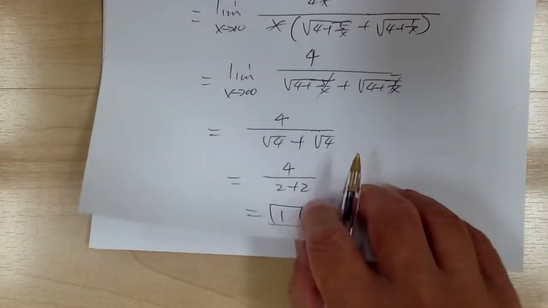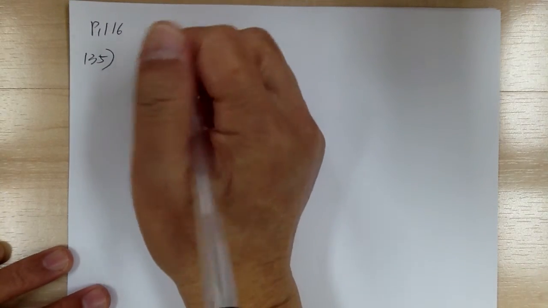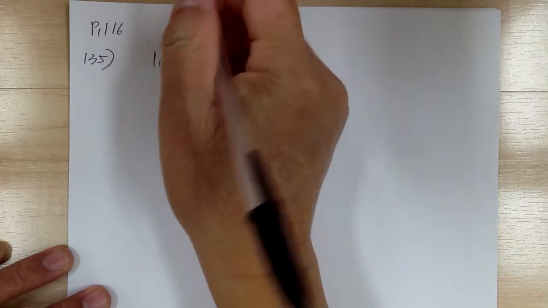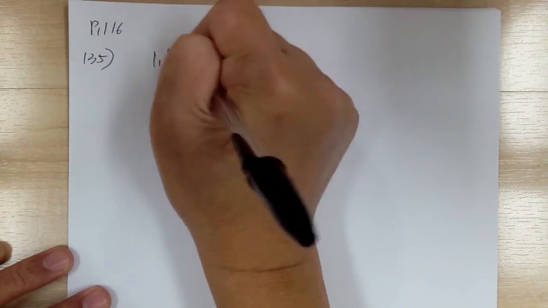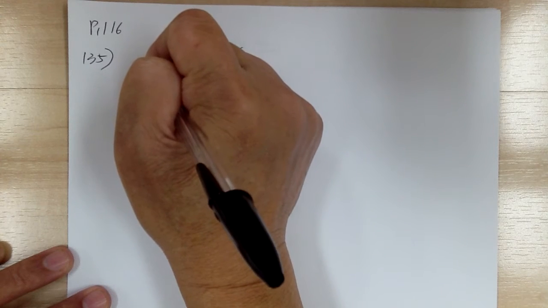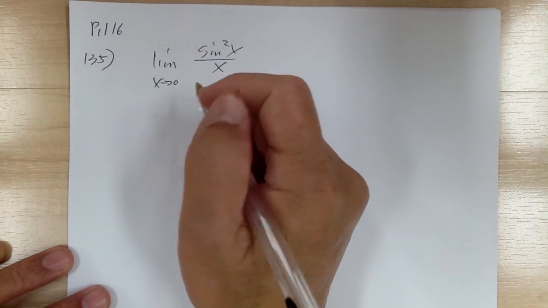Okay, let's go to the next one. 135. You want to evaluate the limit of sine squared x over x as x approaches 0.